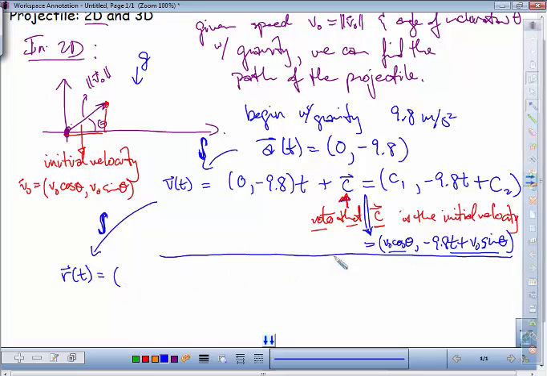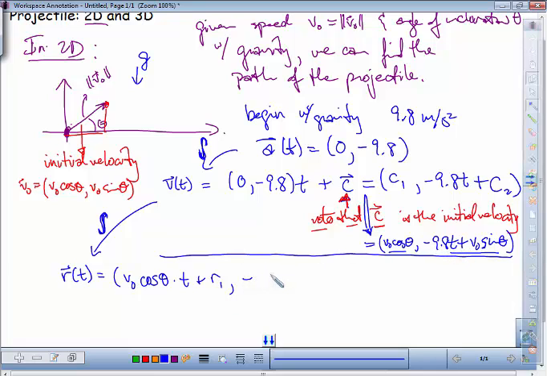So the position then becomes v naught cosine theta times t. So v naught cosine theta is just a number. Once you know the speed and the angle of inclination, you can just put that into the formula and get a number. And then you multiply that times t, and then here you're going to get your extra constant. Let's call it r sub 1. And then your y component is negative 9.8 t.